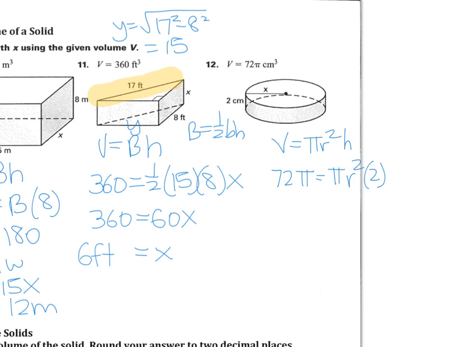So the pi's will cancel out. 72 divided by 2 is 36. And to undo something being squared, take the square root. So the radius equals 6 linear units, centimeters.